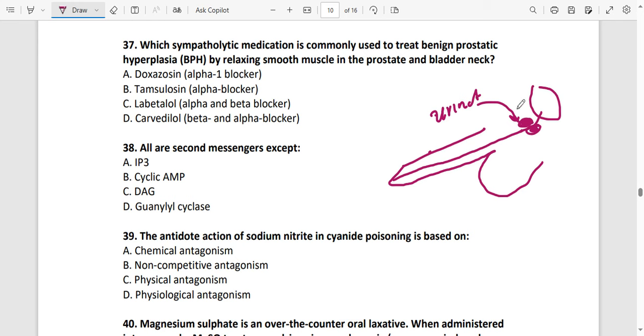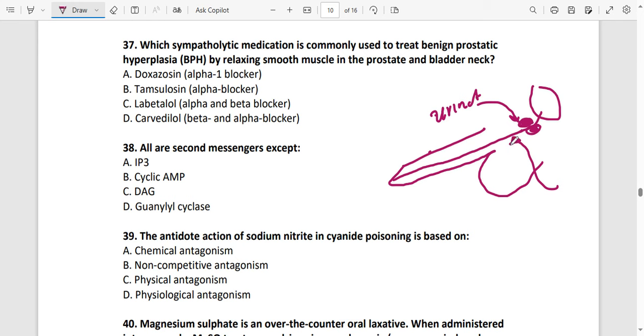So how can you help? You want to give a drug that is going to help by causing the urethra to dilate. And you know that with the sympathetic nervous system, when you are running, you can't go to the toilet.